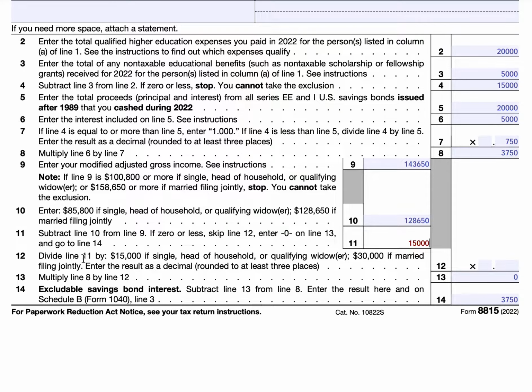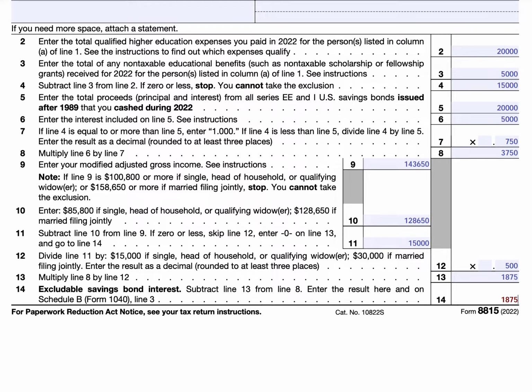Now you would divide line 11 by $30,000 and we would get a decimal of 50%. Then we would multiply this amount by the 50%, and we would come up with the amount, and then we would have to subtract line 13 from line 8.